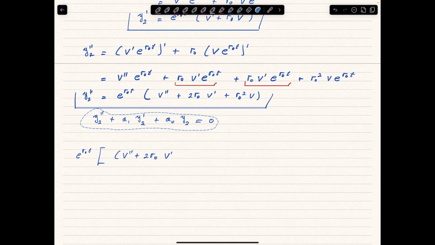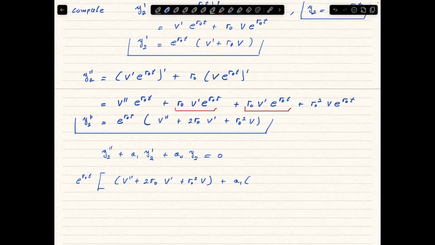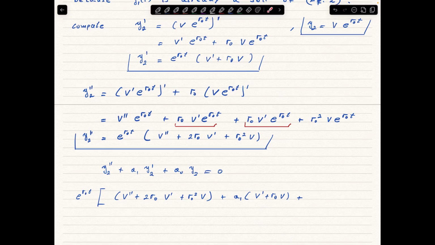We are computing this equation, but with the second derivative and first derivative we found. So the second derivative still has an r0 squared v, and then plus a1 times the first derivative, v prime plus r0 v, the exponential is already there, and then plus a0 v.